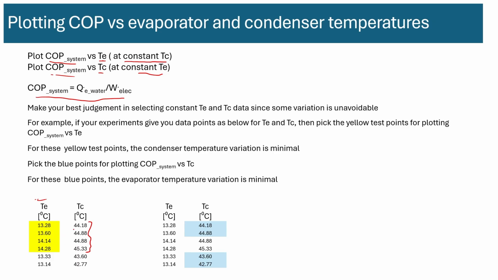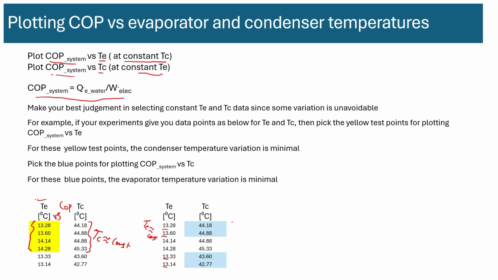So you could assume that TC is almost constant. The same way, if you look at this value, this value, this value, and this value, it looks like TE is roughly constant, because there's a bigger variation when you go to 14.28.